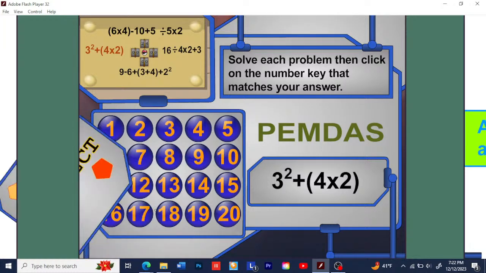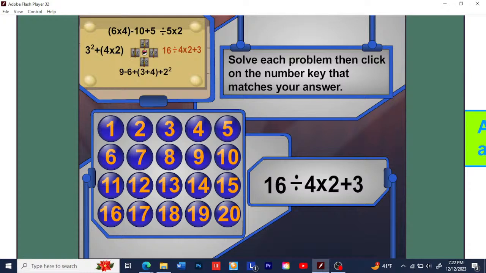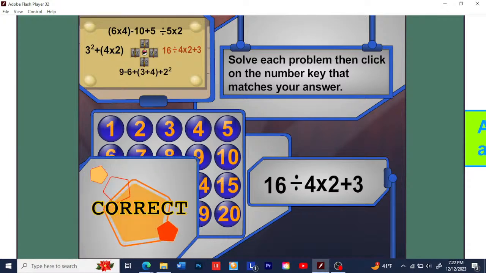Great work! Click on the key that matches your answer. All right.